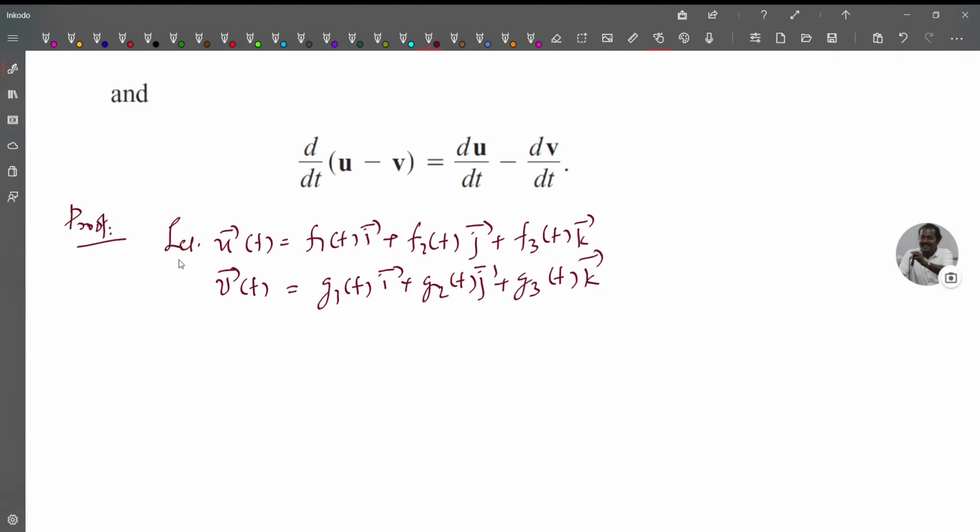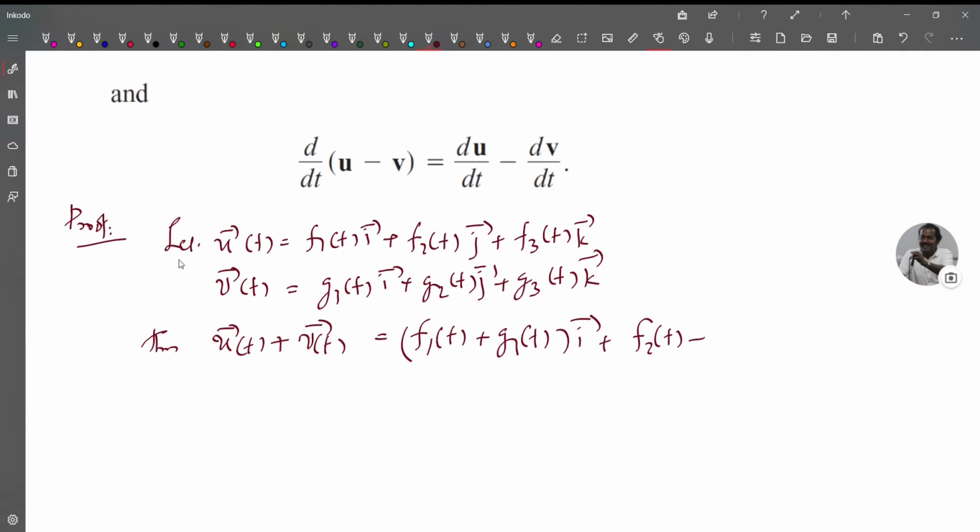Then u of t plus v of t is f1 of t plus g1 of t i plus f2 of t plus g2 of t j plus f3 of t plus g3 of t k.